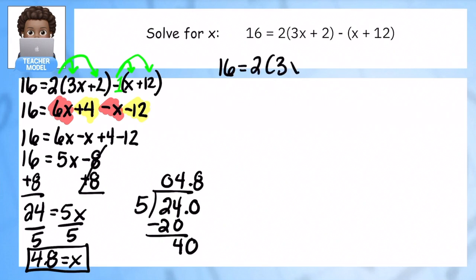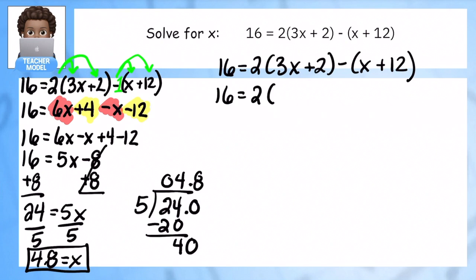So 2 times 3x plus 2 minus x plus 12. We're going to substitute for x. So 3 times 4.8 plus 2 minus parentheses 4.8 plus 12.